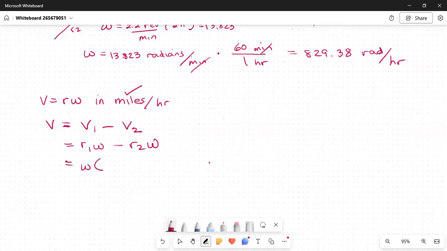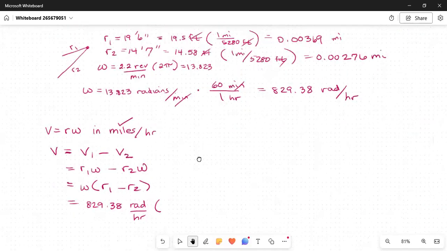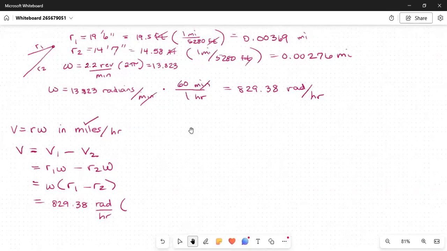All right, so we're factoring out a W, and then we have R1 minus R2. So we've got 829.38 radians per hour times R1 minus R2. R1 is 0.00369 minus 0.00276, and that's miles.